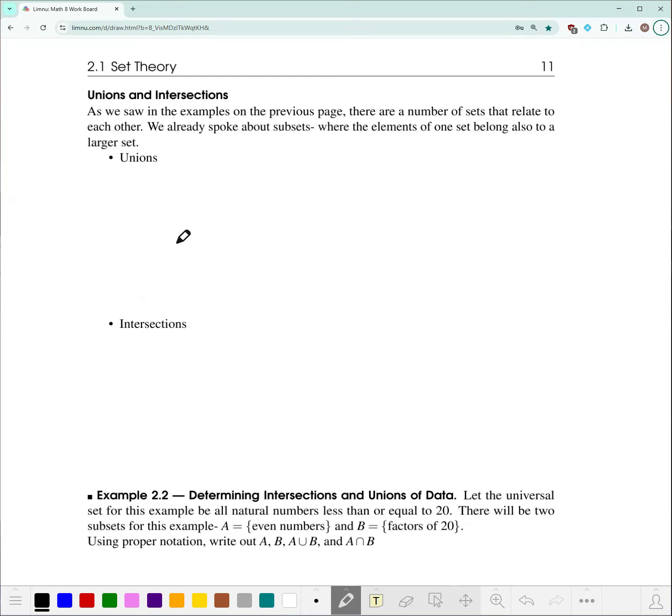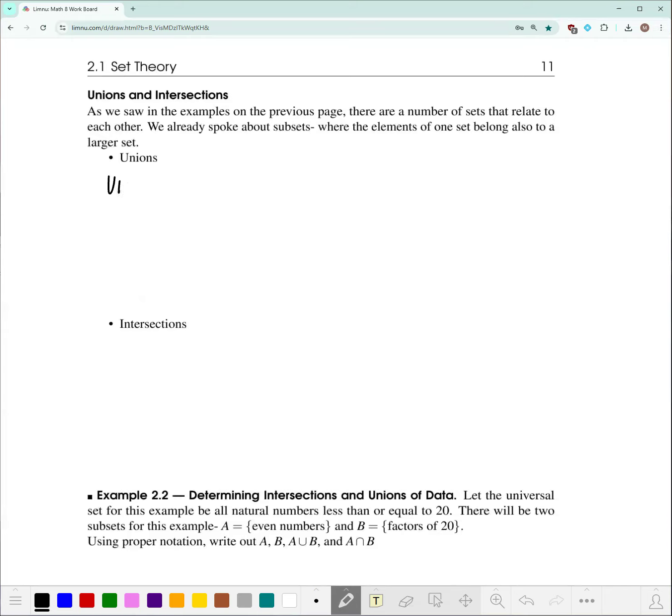So the first of these is a union. A union of two sets includes all of the elements that are in one or both of the given sets. If an element is in A or B, it is in the union A union B. So here's a kind of paraphrasing of it.